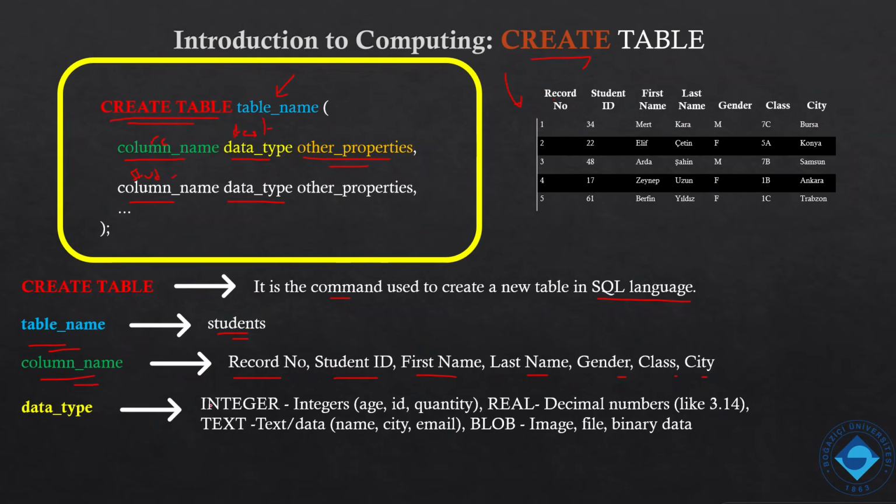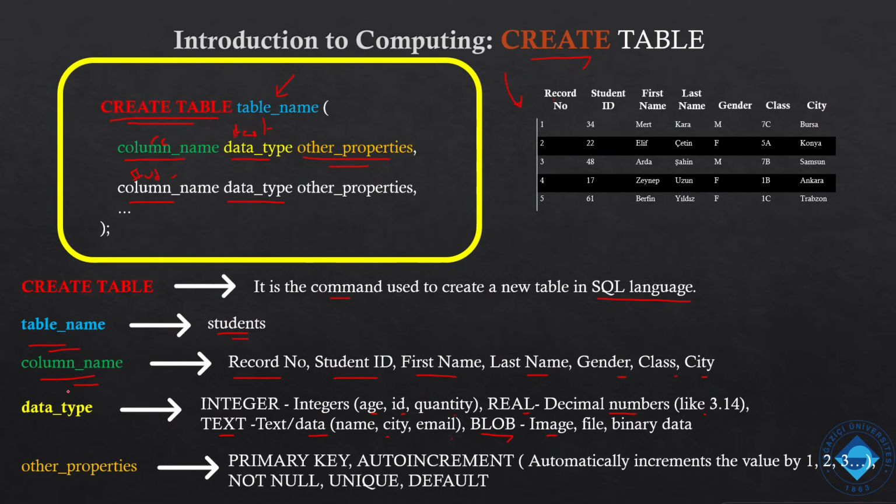And data type is the data type of your columns, like integer for age, ID, quantity; real for decimal numbers like 3.14; text for data, names, email; and blob for images, files, and binary data; and other properties to be able to explain if your column is a primary key.